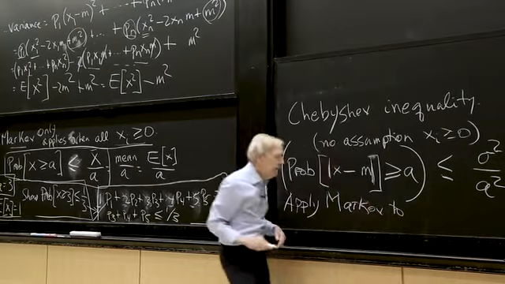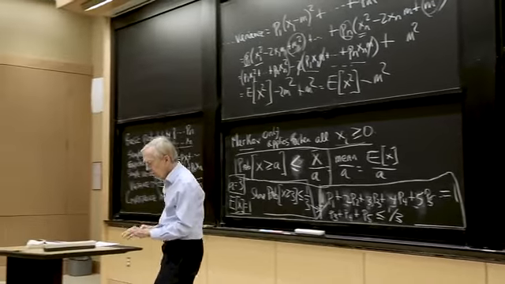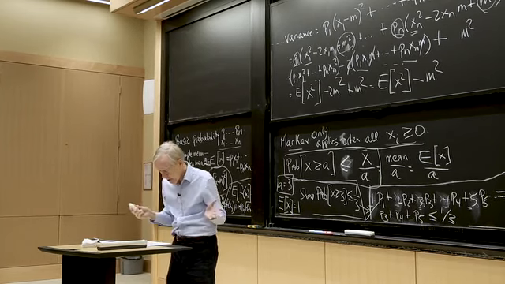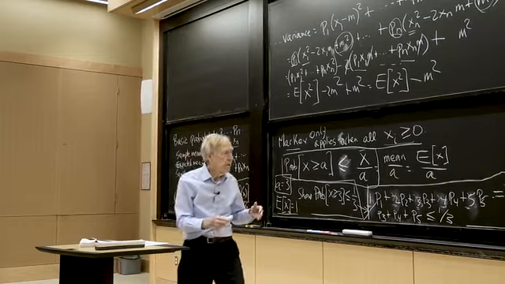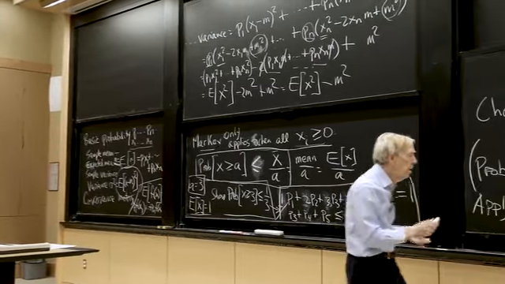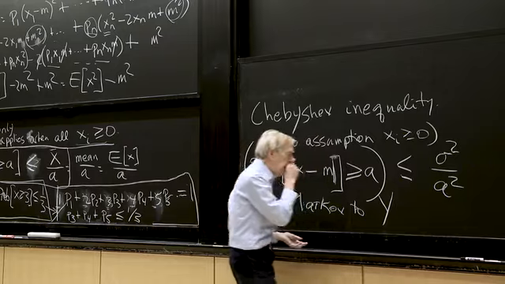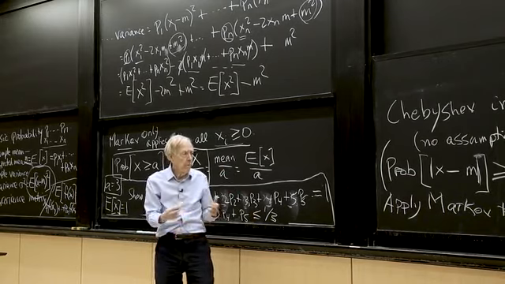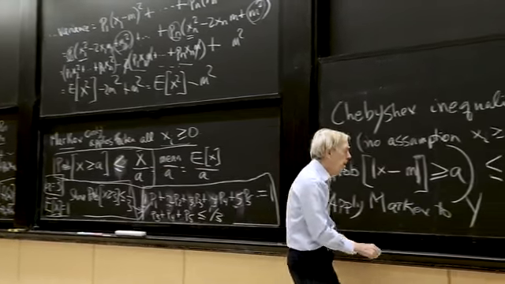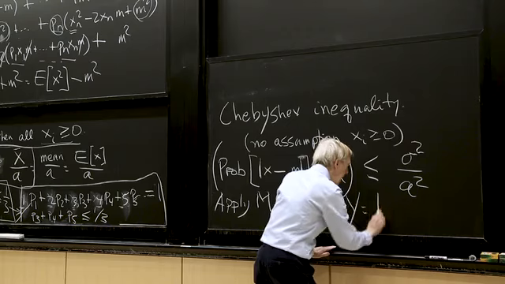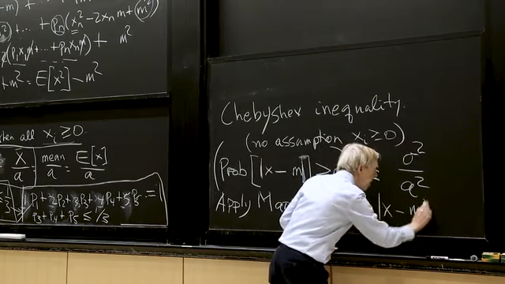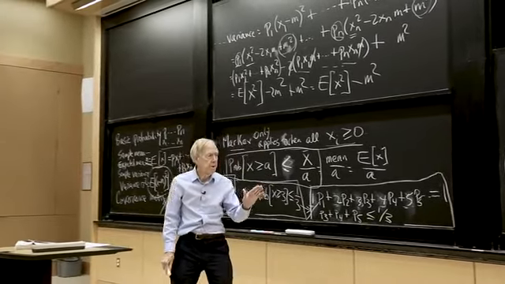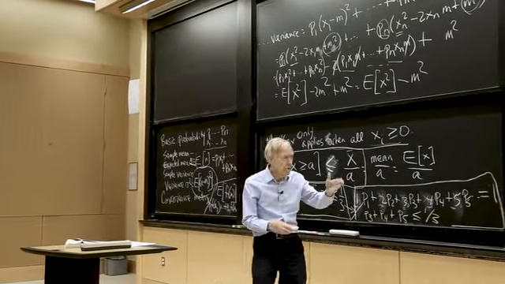To, now let me just say this right, to a new, let me call it y. This will be a new output, and it will be x minus m squared. So that's, of course, with the same probability.